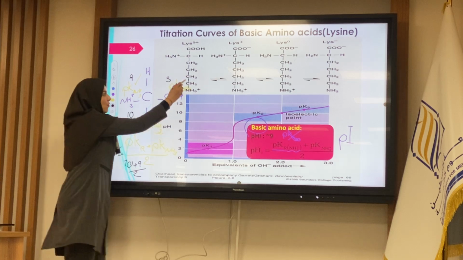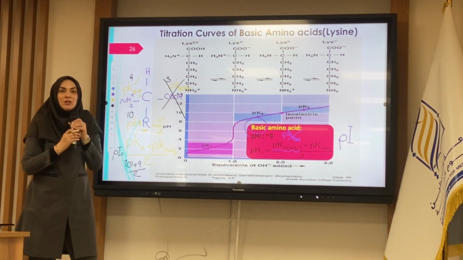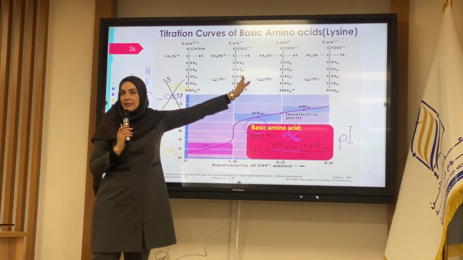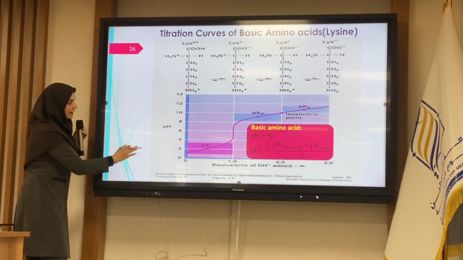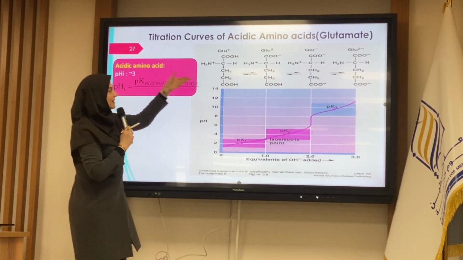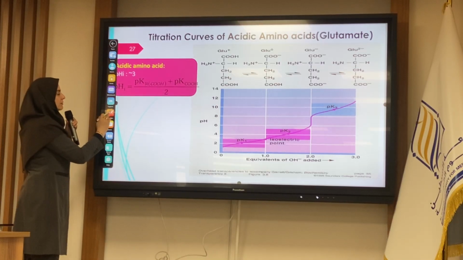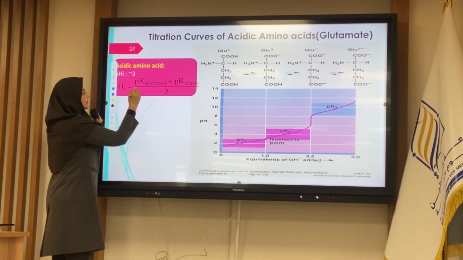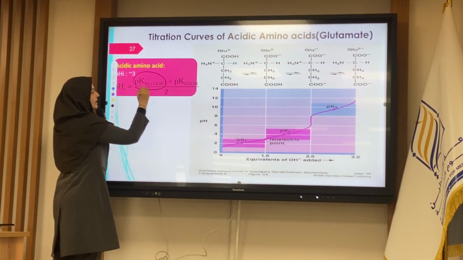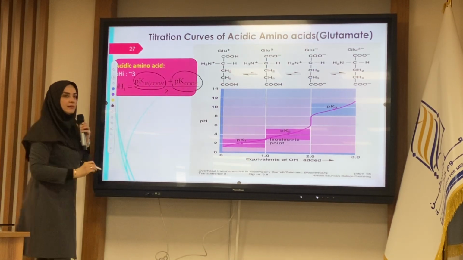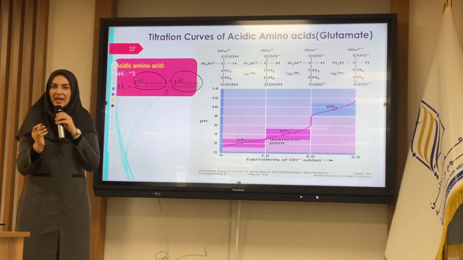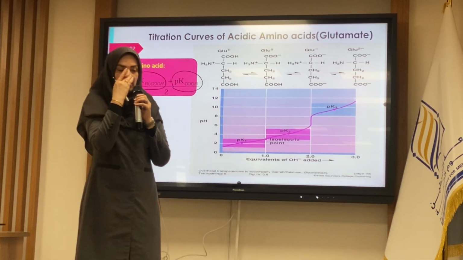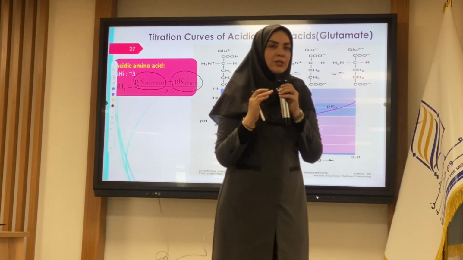You should ignore the carboxyl because this is a basic amino acid. And about acidic amino acid, in contrast, you should consider the pK of R and the pK of carboxyl. Do you understand?